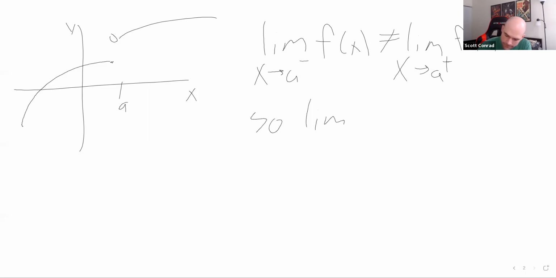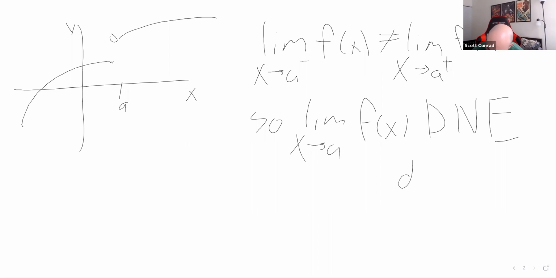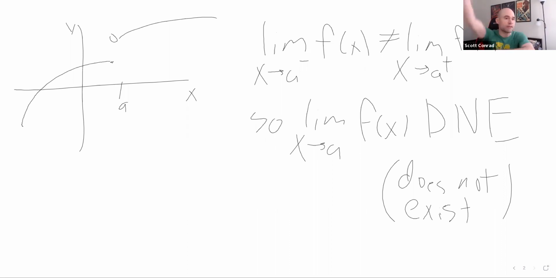So we say the limit as x approaches a of our function does not exist. I'll be writing DNE a bunch, so that stands for does not exist. There are a few different ways the limit can fail to exist. You could have a jump discontinuity here. You could have an infinite discontinuity, other stuff.